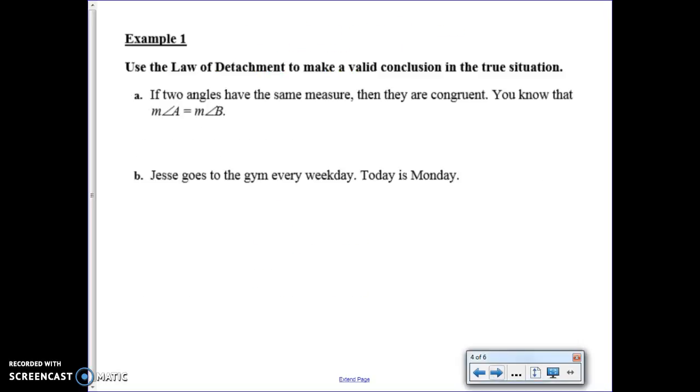Okay, so this is telling you these are both law of detachment statements. And so we want to use these to make conclusions. So it says if two angles have the same measure, then they are congruent. We know that the measure of angle A is equal to the measure of angle B. So if we know that if they have the same measure, then they're congruent, then we could say that angle A is congruent to angle B. That's the conclusion that we can make.